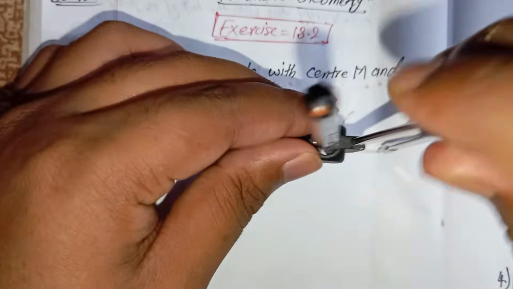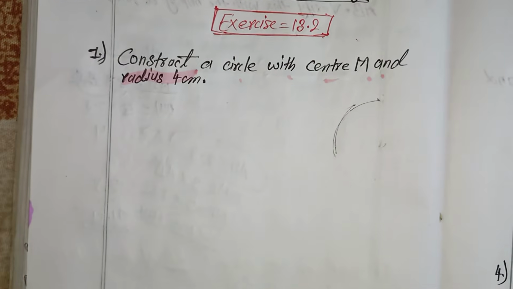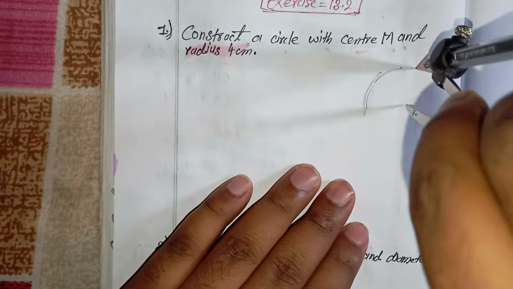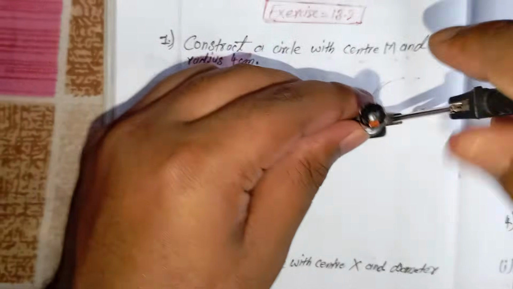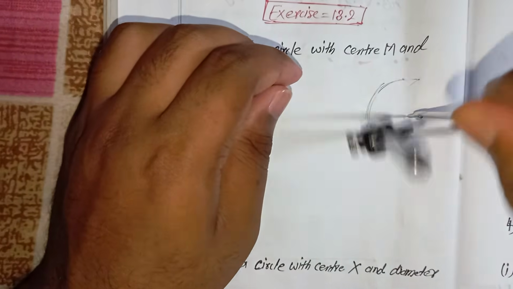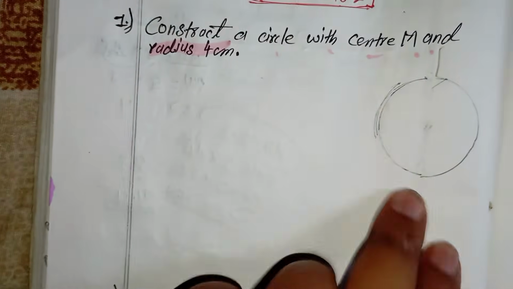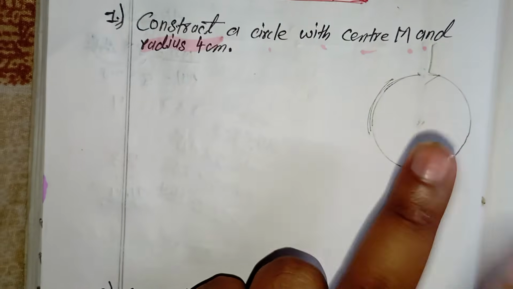Don't worry, after a long time I haven't done this kind of drawing. Let's assume this is a circle, because I cannot make a perfect circle right now since I don't have the tools to make a proper one.